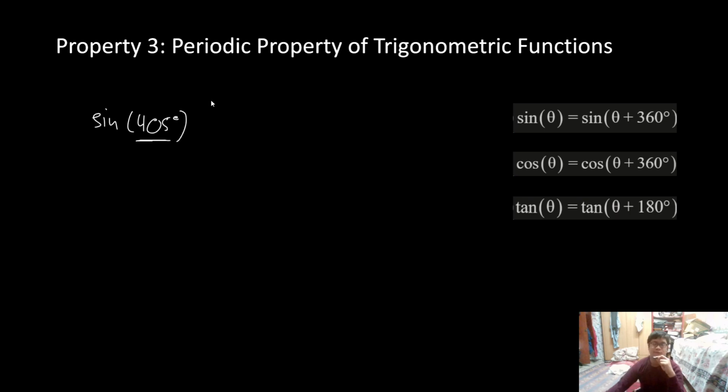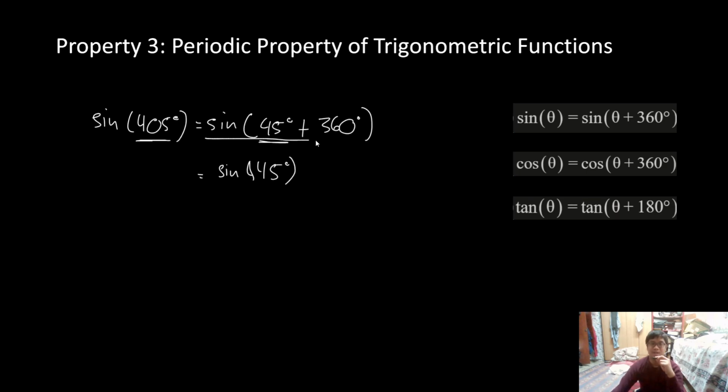It's actually 45 degrees. So 45 degrees plus 360 degrees is 405 degrees. The angle that, when added to 360 degrees, results in 405 degrees is our answer here, which is sine of 45 degrees.